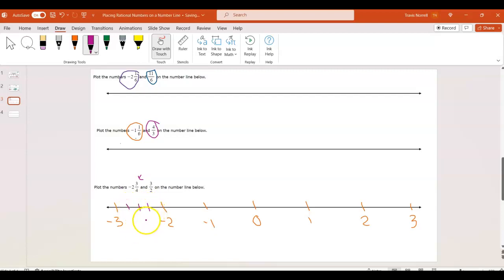So that'll give me -2 and 1/4, because see, I've cut it into fourths. -2 and 2/4, -2 and 3/4. And there's where my point would go.